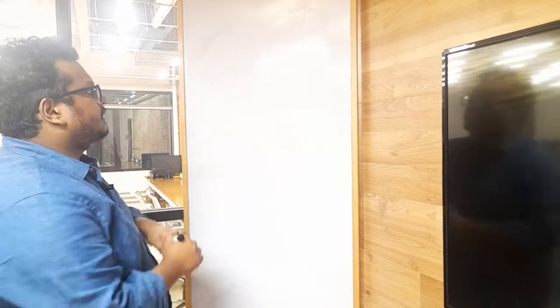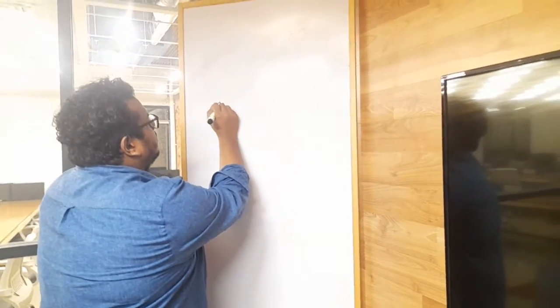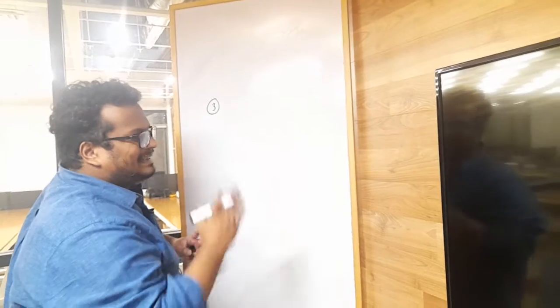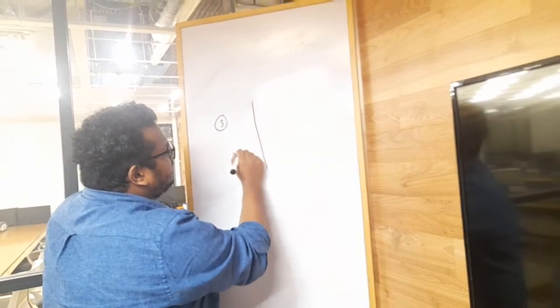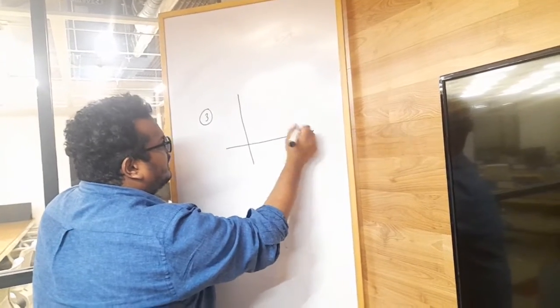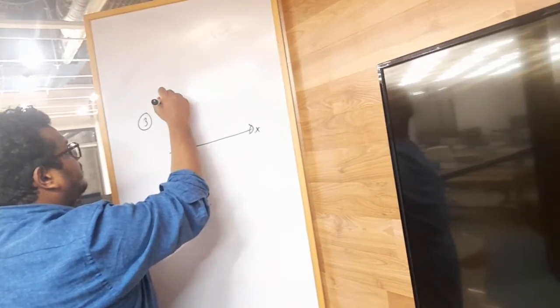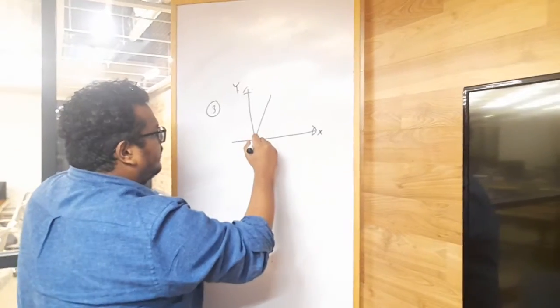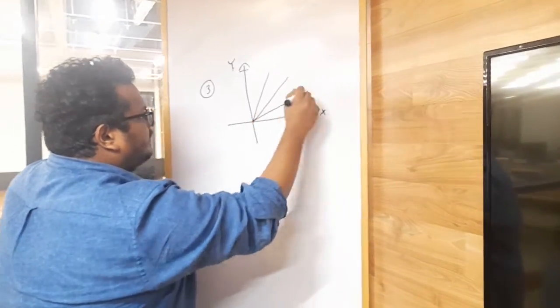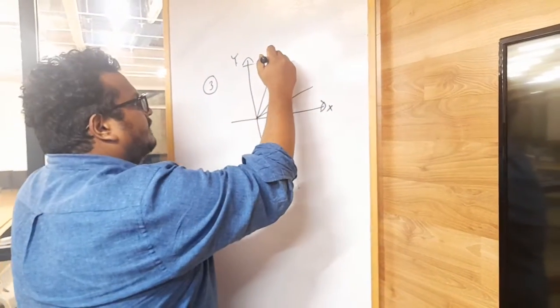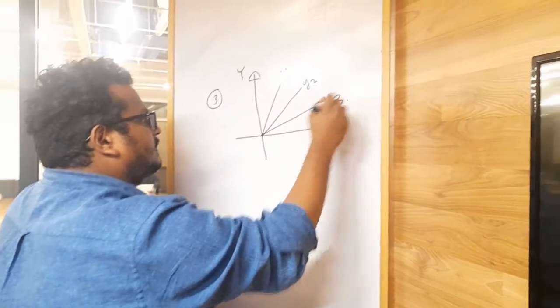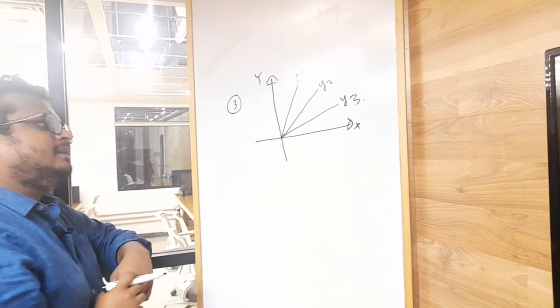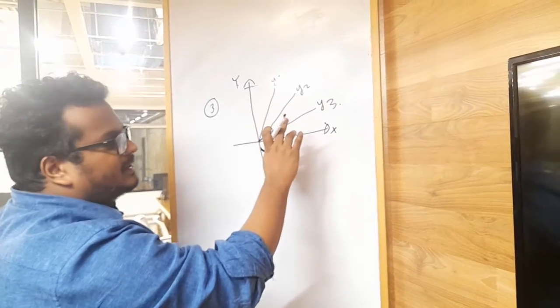Now the third concept. A steeper line has a higher gradient. In an SAT exam, if they give you two or three lines, say this one, this one, and this one, y1, y2, y3, always remember, the steeper the line, the greater the gradient.